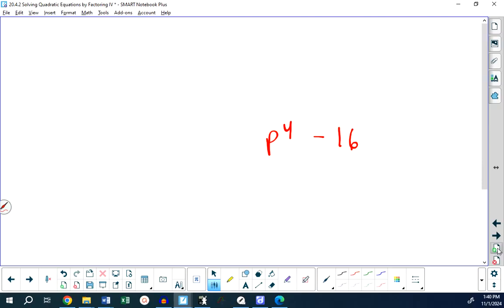So I can factor this into p squared plus 4, because 4 is what's squared to get 16, and p squared minus 4. Are we done? No, because p squared minus 4 is a difference of squares. Now, I could have made this 256, because then it would go into 16 and 16, and then 4 and 4.